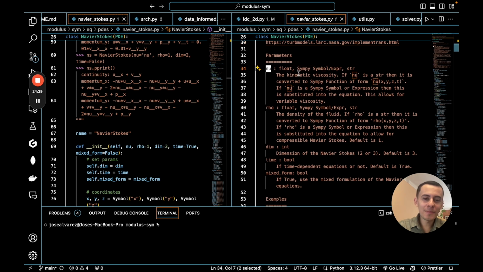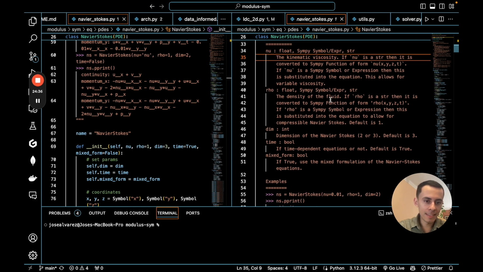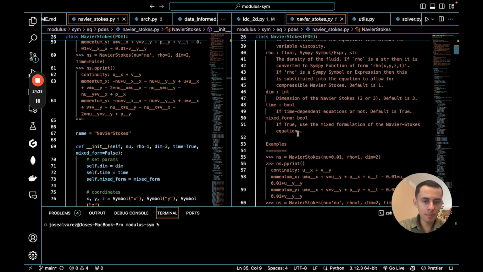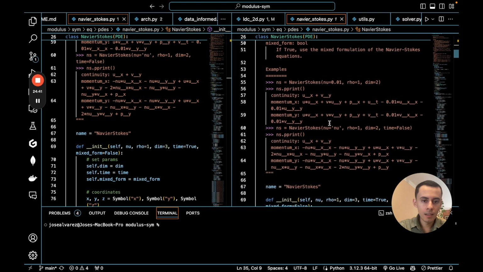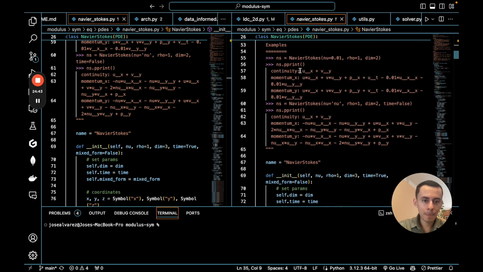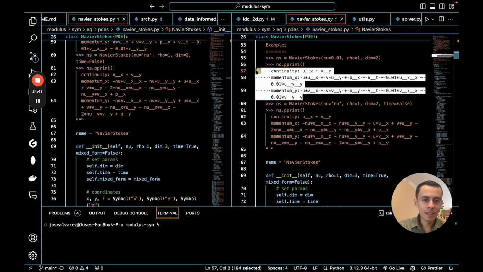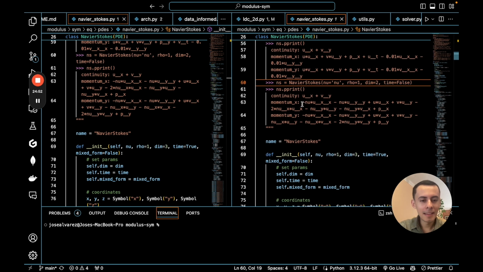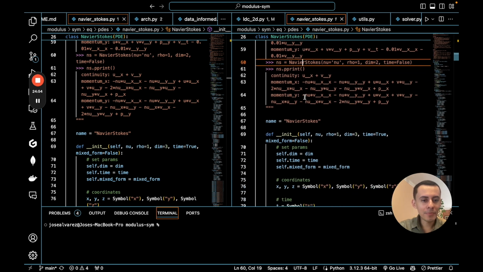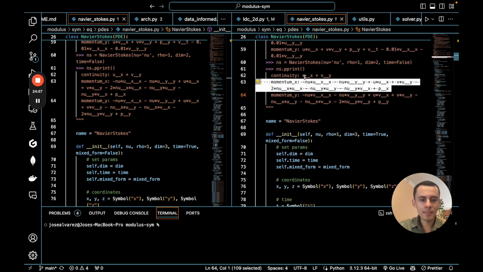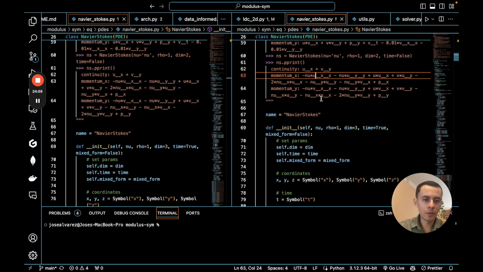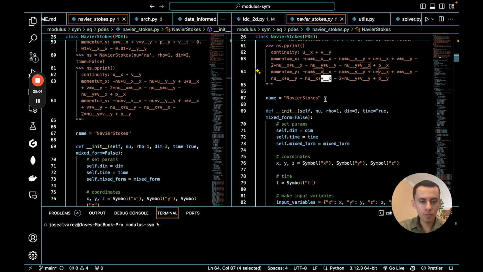And so it gives you the parameters, nu, the kinematic viscosity coefficient, rho, the density of the fluid, dimensions, time, mixed form, whatever, and the samples here, preprint. For some reason, this is how preprint should be looking. So it's funny it didn't look that way for us. That's very strange. It should have. Yeah, but it's not that important. If you want the LaTeX form of this, this is how you would get it.